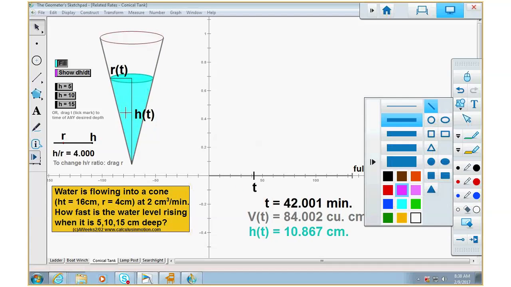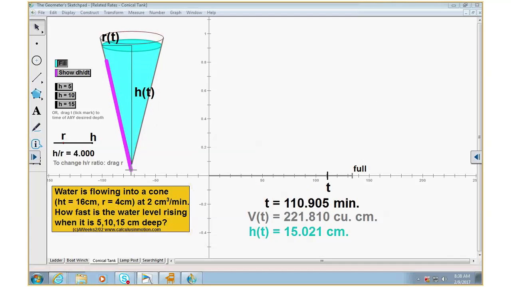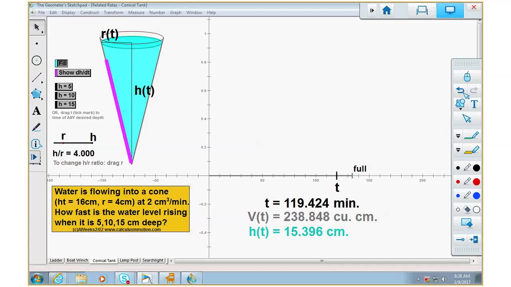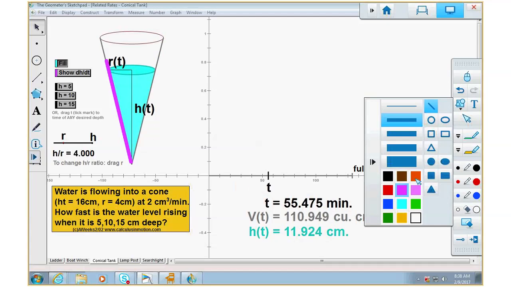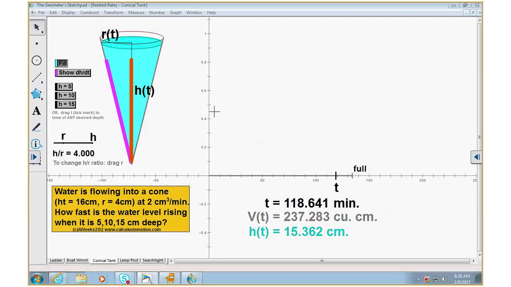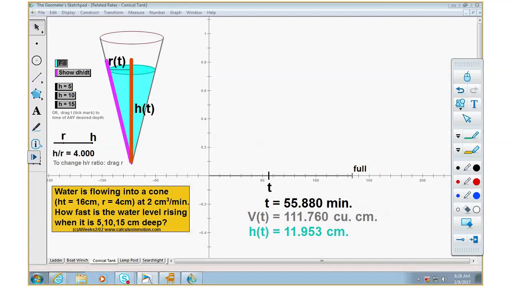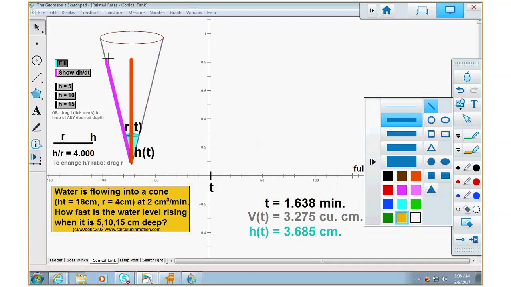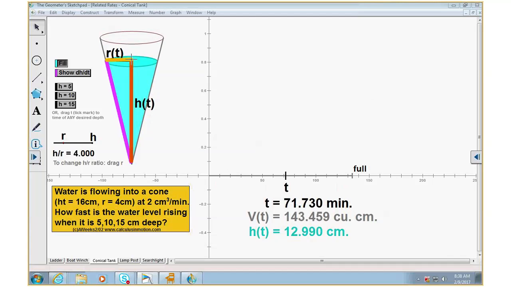Here is your ladder, and then your x is right here, and then your y is there.